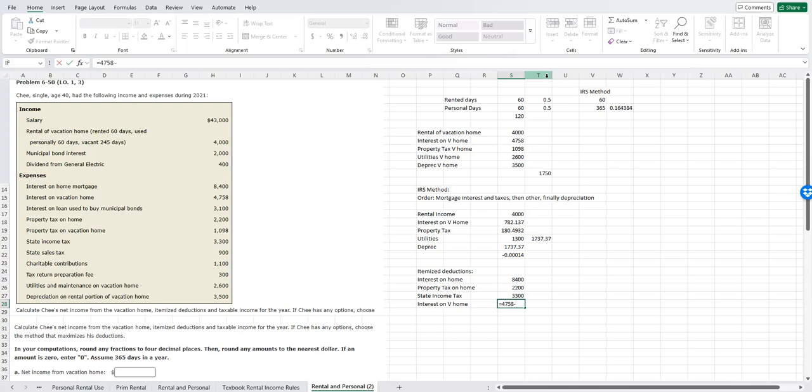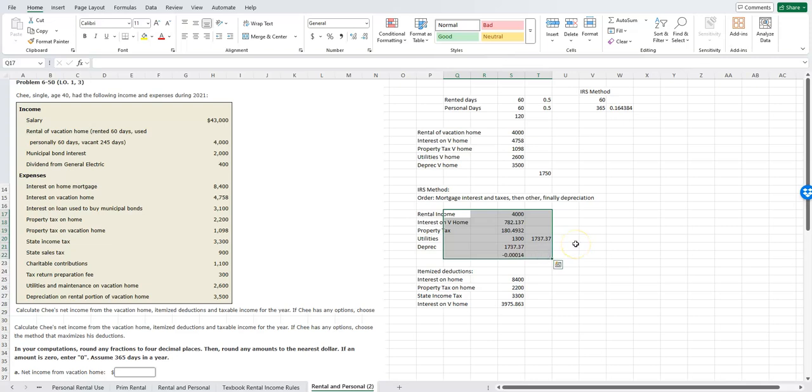But I already used $782 on it. So I am going to subtract out the $782, and that's how much I can take on my personal itemized now. Remember, these up here are not itemized. These are for AGI to reduce my rental income. Now I'm talking about my itemized deductions.